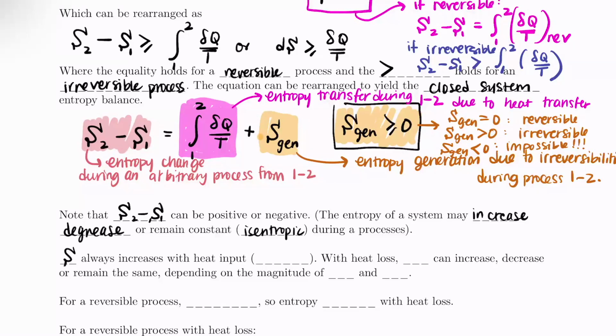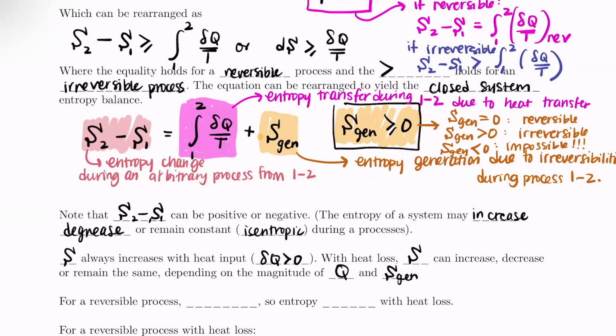But S will always increase with heat input. That's because delta Q is always greater than 0. With heat loss, entropy can increase, decrease, or remain the same, but that depends on the magnitude of Q and S gen. Okay.